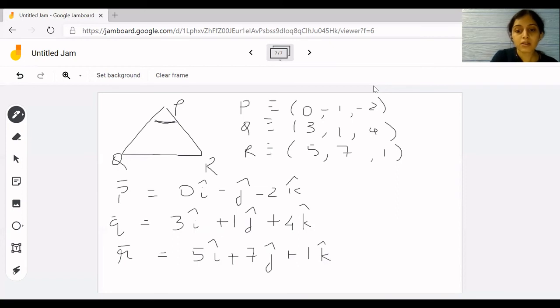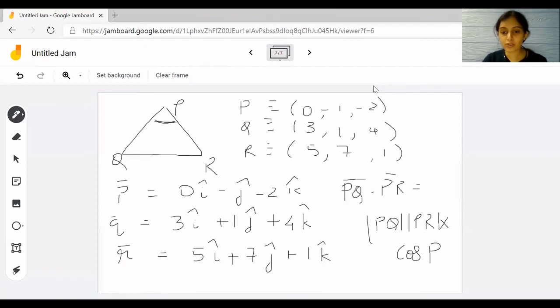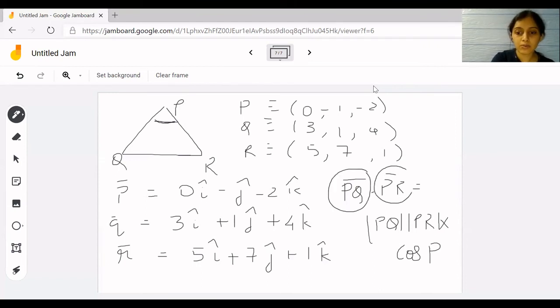So PQ bar dot PR bar is PQ magnitude times PR magnitude times cos of the angle between them, which is P. When I do this, I'm going to get my value of cos P. So I require vector PQ, vector PR, and their magnitudes as well.